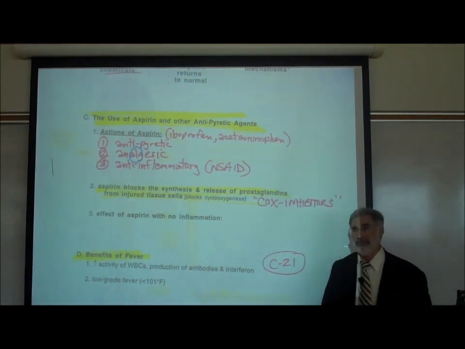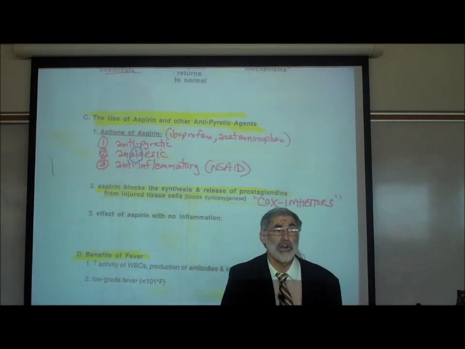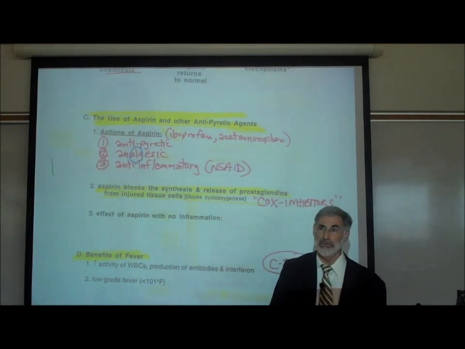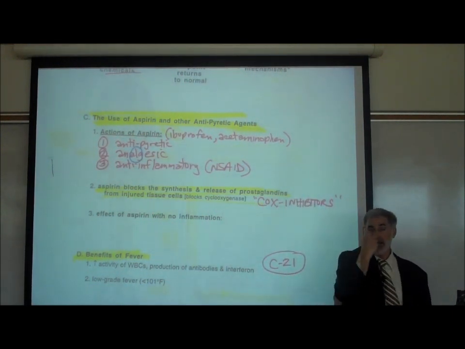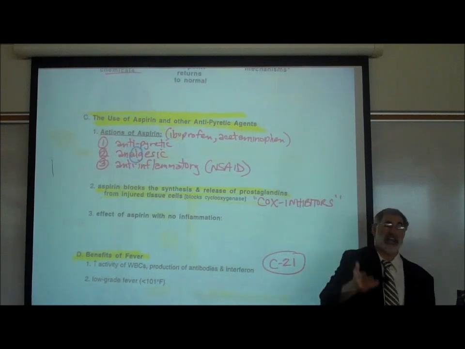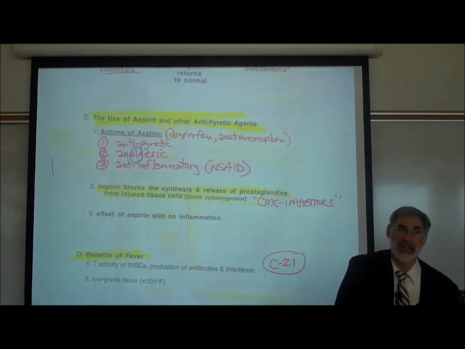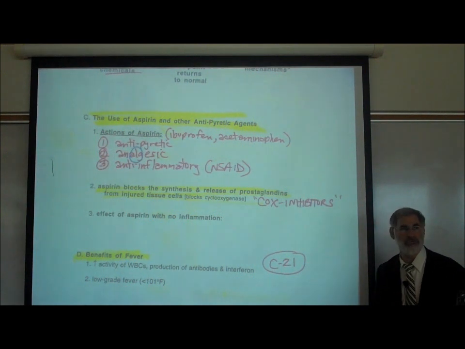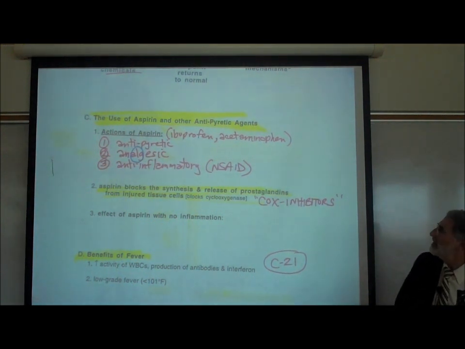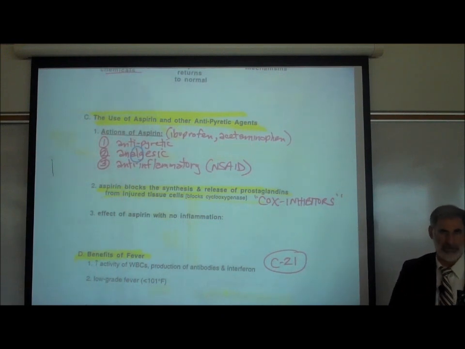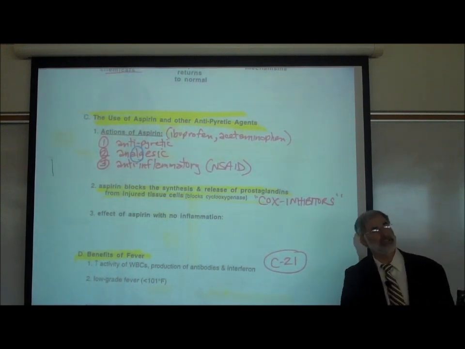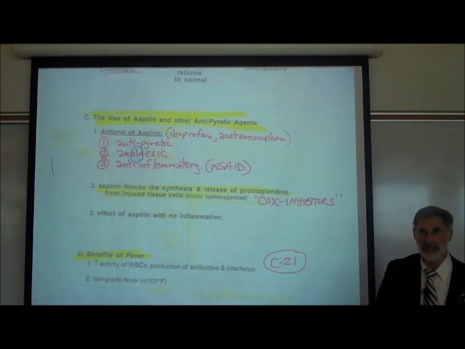You weren't releasing it. It doesn't lower your body temperature lower than normal. Try it. Take your temperature, find that it's normal, take a Tylenol, and see if it lowers it any. It doesn't. It will have no effect whatsoever. It's not affecting your brain. It's affecting injured cells. It's stopping injured cells from releasing prostaglandins.